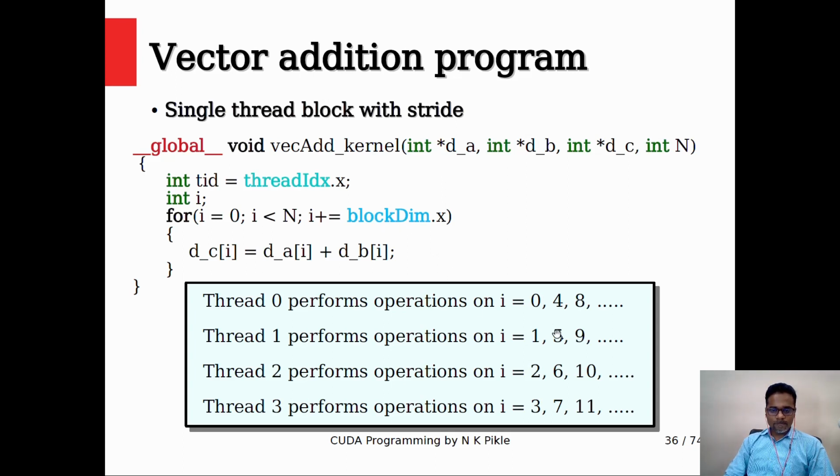It will become 5, then 9, and then 13, and so on. The same way thread 2 will perform, and finally we have thread 3, so it will get tid equal to 3, i equal to 3, it will start with c of 3 equal to a of 3 plus b of 3, and then next time increment by 4, so it becomes c of 7 equal to a of 7 plus b of 7, and so on.